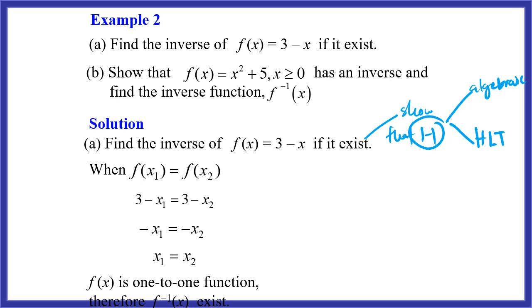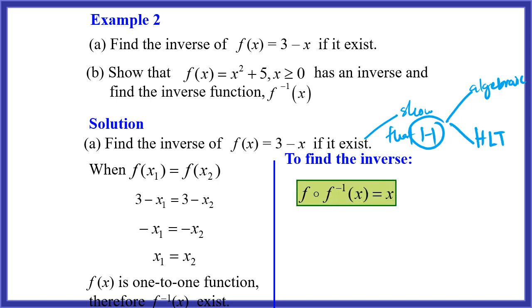After that, what do we have to do? To find the inverse. To find the inverse, we will use this special property of inverse, that f of f inverse x equals x. For this method, we need to use our skill in finding the composite. We know what f of x is, so this is equivalent to f of f inverse x equal to x.